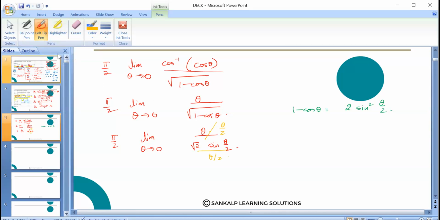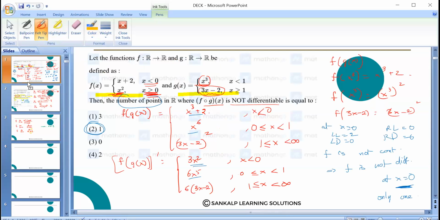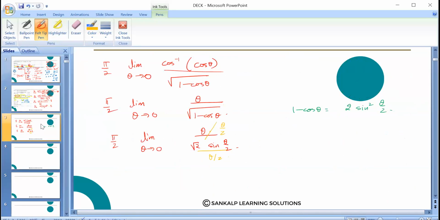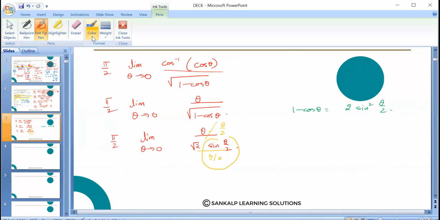Denominator, you can divide by theta by 2. That we are doing because as per the formula, limit of this will be 1. And then you can cancel theta and theta out.